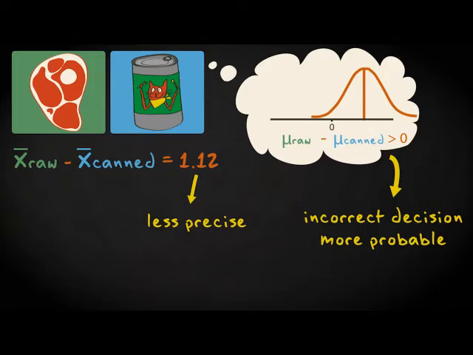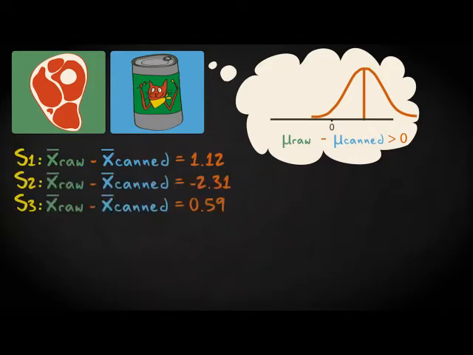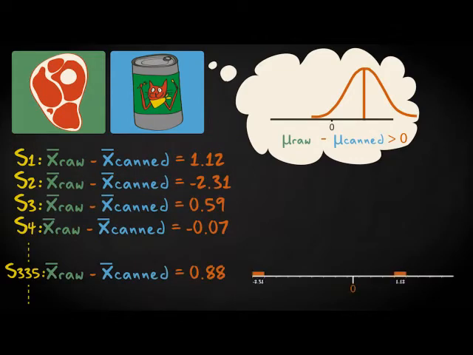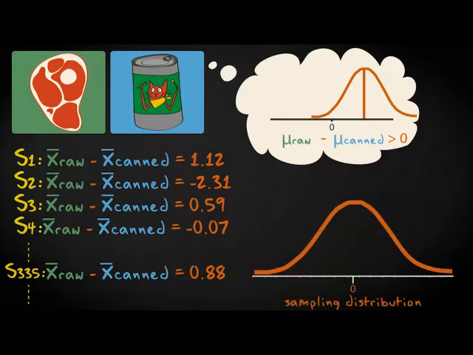We introduce probability by asking, if we were to sample indefinitely, what would the distribution of our sample statistic look like? This is useful because if we know what the distribution looks like, we can say what the probability of a certain range of sample statistic values is by looking at the area under the curve. So if we know the distribution, we can determine probabilities and make a more informed decision.